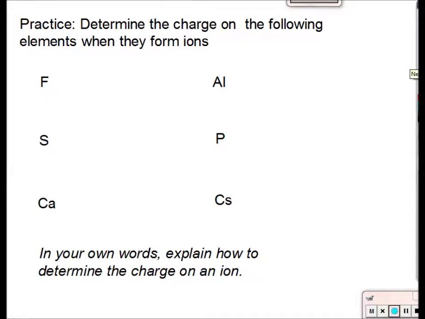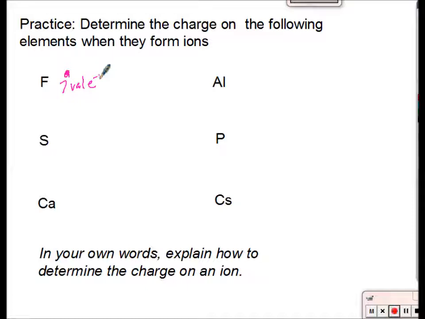In order to determine the charge on the following elements, we have to first look at the element, fluorine. We want to know how many valence electrons it has. So you look at your periodic table, count across, and you find that it has 7 valence electrons.